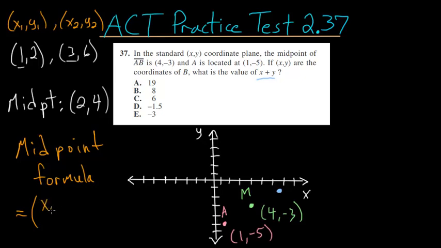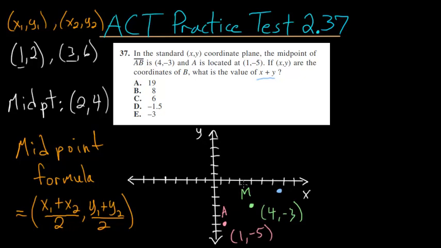You add x1 plus x2, and then since we're adding only two numbers together and finding their average, we'll divide by 2. And then you'll do the same thing with the y values, finding their average by adding them together and then dividing by 2. So this is the general idea of finding the midpoint. You just want to average your x values and average your y values, and that'll give you the point exactly in the middle of the two coordinates you started with.